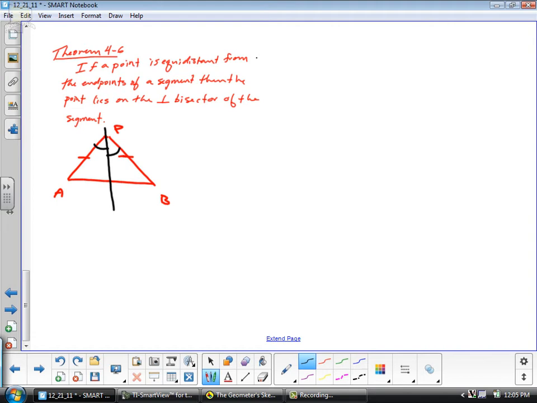So, first off, let's write what is given and what is to be proved here. We have our given basically marked on the diagram, and what we want to prove.